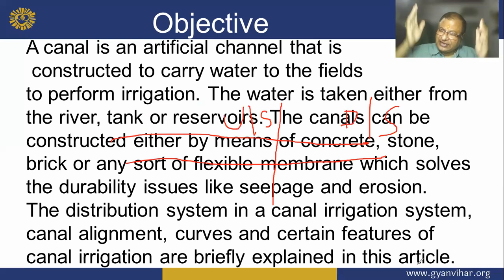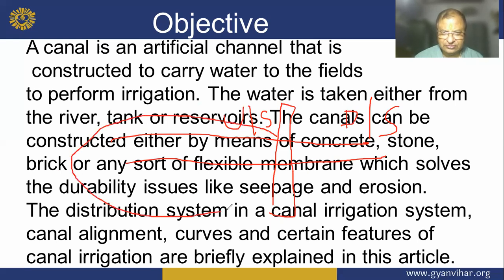So when you have created a barrier, the reservoir is upstream. My dear boy, when you have made a barrier, the dam, the water will be stored here, and here a river will be there.